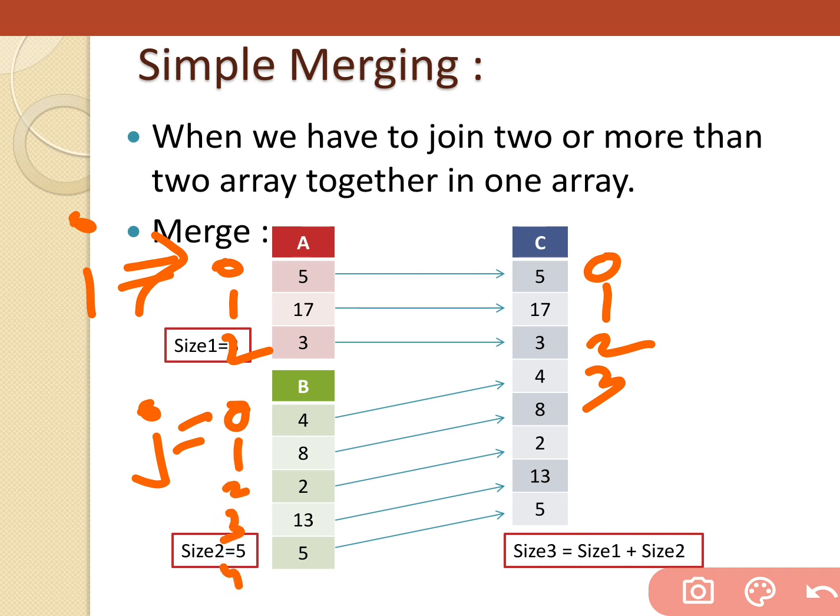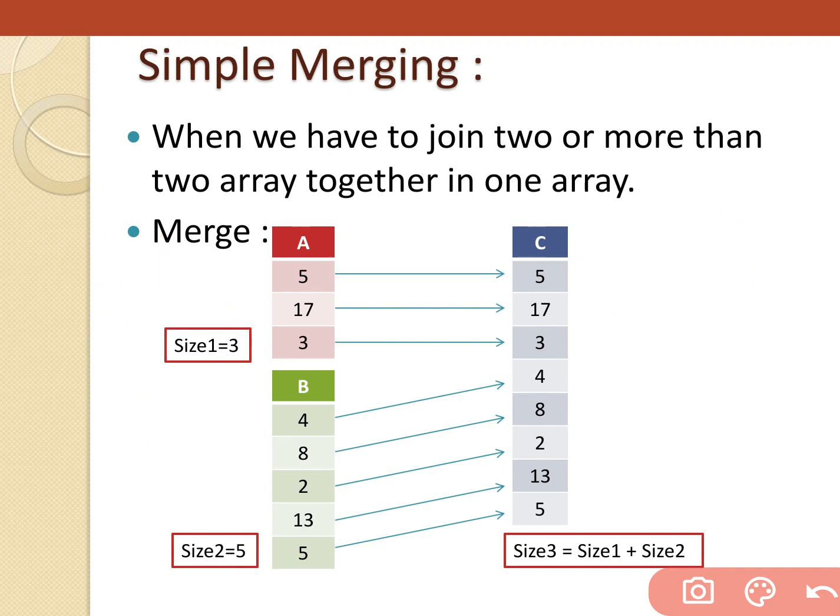Different countings are there. For 0, 1, 2, I am using I, which always moves one by one further, but the value of J should be different. All these things we have to do with our logic.